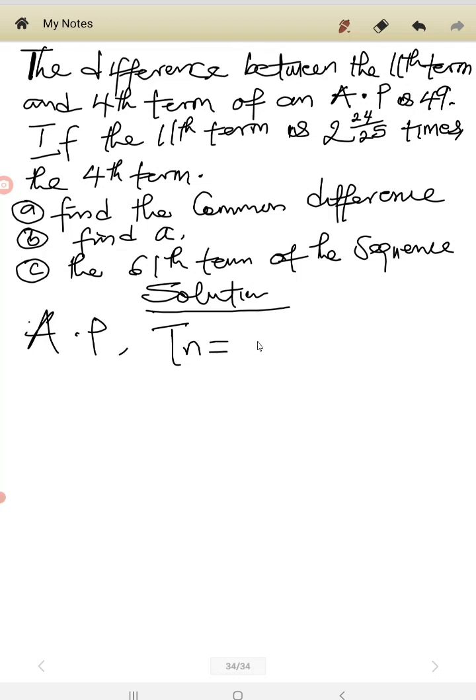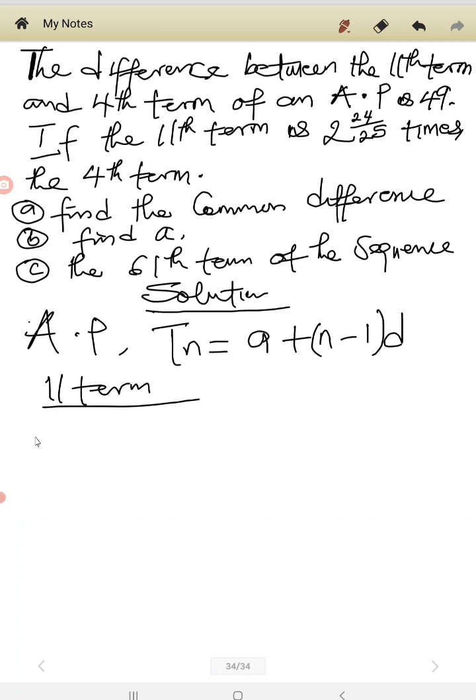Tn is equal to A plus (n minus 1) D. Now the question asks for the difference between the 11th term and the 4th term. The first thing you do is find the 11th term.